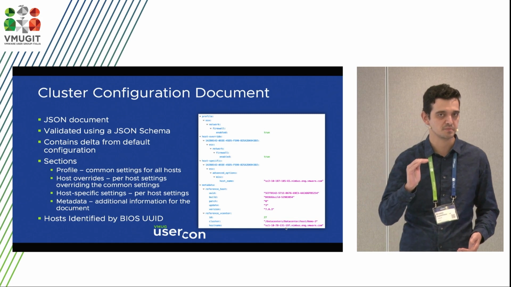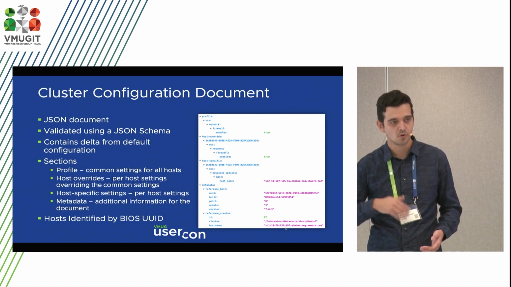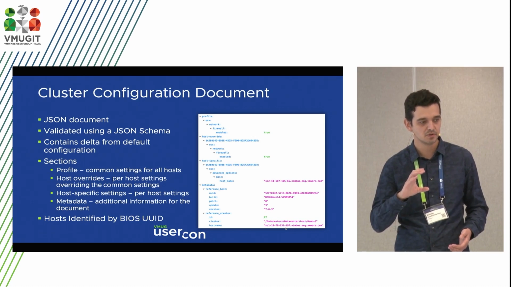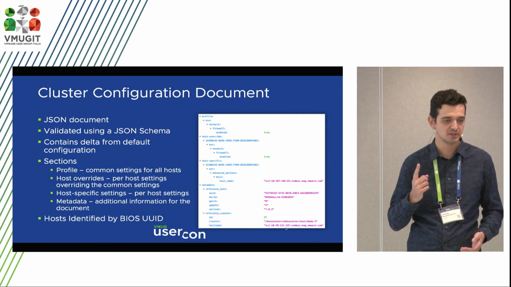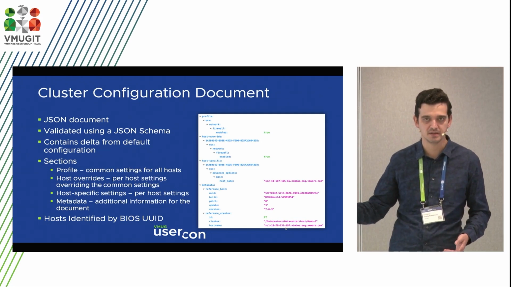This will be the host-specific settings. And also, if you actually want to overwrite some of the default settings in the profile, you have a concept called overrides. For example, if you need to have firewall enabled for all the hosts, but you want to switch it off only for a single host, you can do it with host overrides. You can say this particular host will have the firewall disabled.